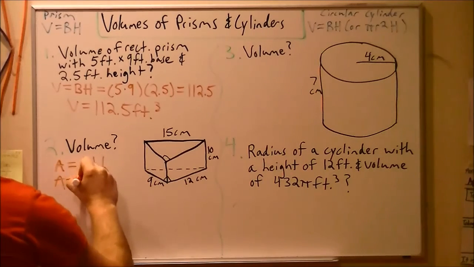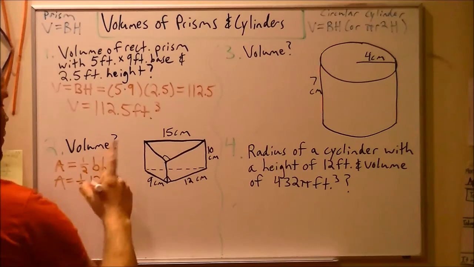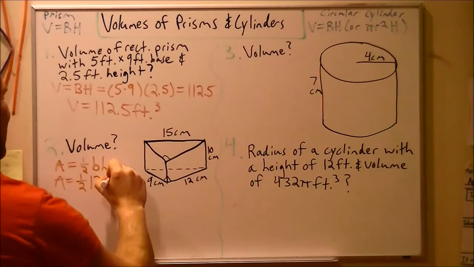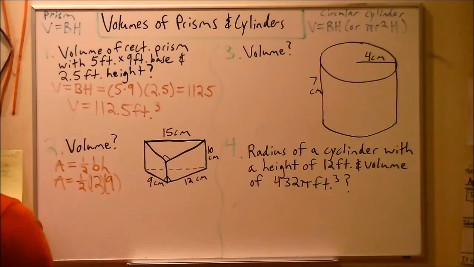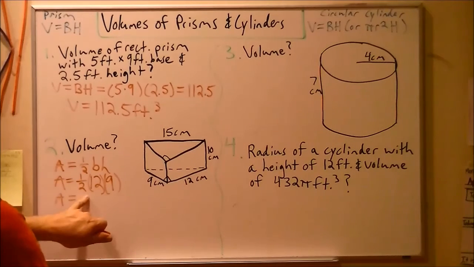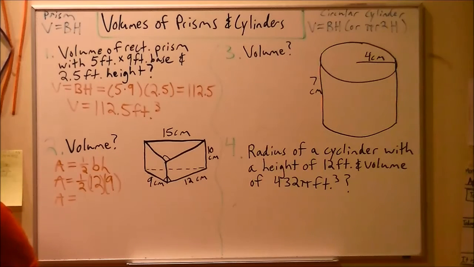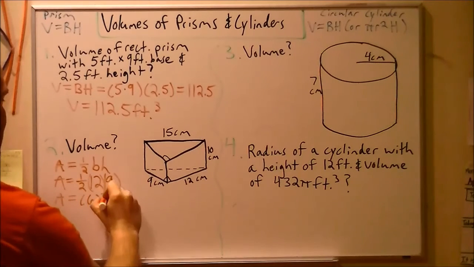So A equals 1/2 times, let's go 12 first. There's a reason for that. Times 9. 1/2 times 12 times 9. So what's the area of that going to be? I like putting that first because look, it's easy to find half of 12. What's half of 12? 12 divided by 2 is 6, and then we still have 9.